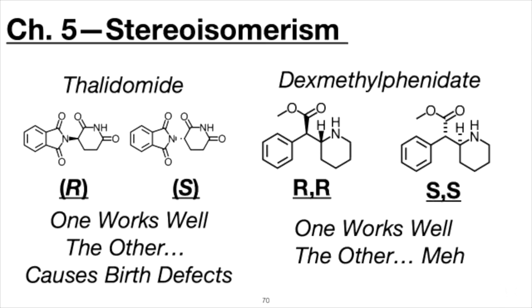Right. So with that lead in, hopefully you're all totally wrapped and I have your attention after the snooze fest that was chapter 4. Just like you see up here, we're now back to using wedge dash drawings for molecules.